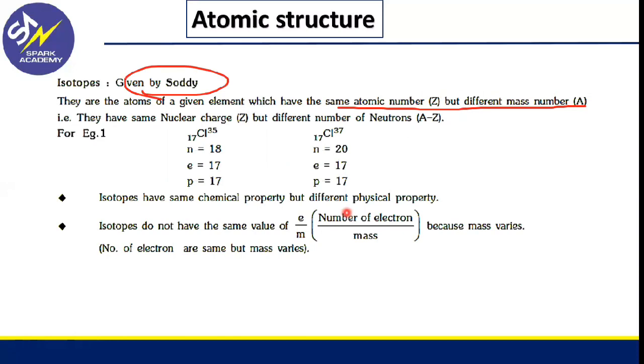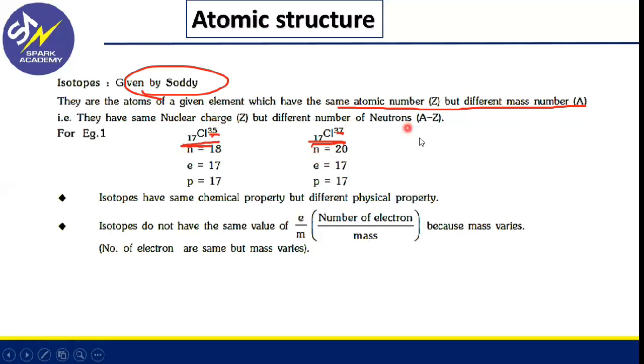So in the mass number, there should be a difference in the number of neutrons. So I have 2 isotopes: 17Cl35 and 17Cl37. See here, there is a difference of 2 neutrons. There were 18 neutrons in chlorine 35, whereas there are 20 neutrons in chlorine 37.